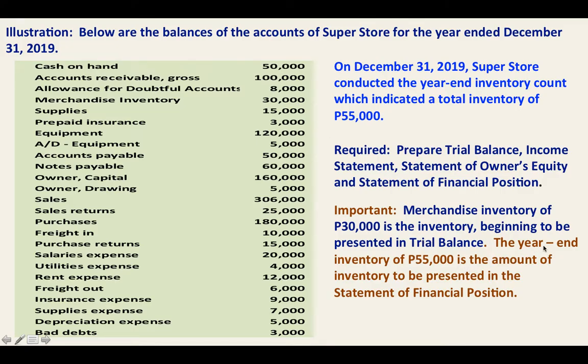And the year-end inventory, which is the count, is the amount of inventory to be presented in the statement of financial position. Actually, when it comes to adjusting entries, which we have not discussed yet, there are adjusting entries that will reflect that situation in your general ledger.